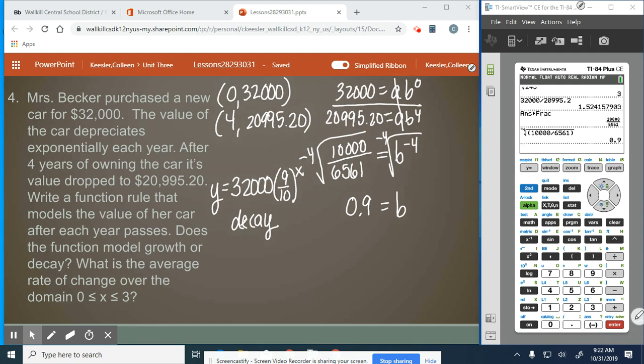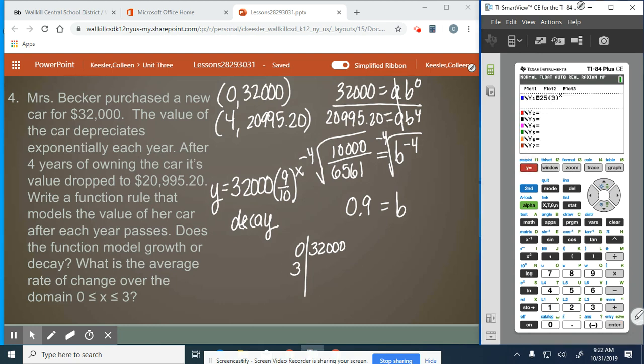So we know the 0 is 32,000, but we have to find 3. So we go to our y equals. We put in that function rule, 32,000 times 0.9 to the x, pull up the table, and we know we're right because we have 0, 32,000, and we have 4 at 20,995, but if I hover over it, it's at 20,995.2, so we know that's correct.